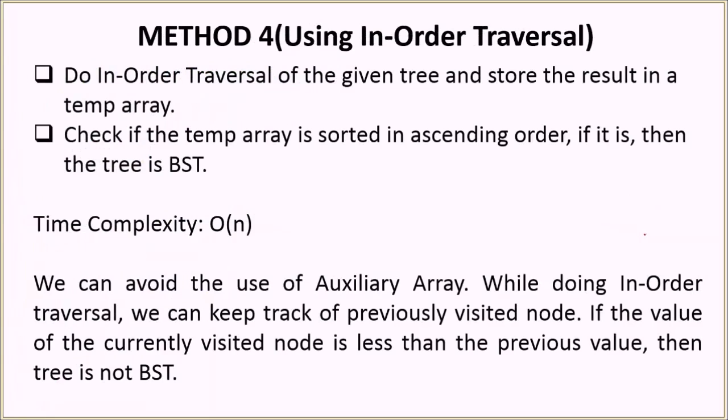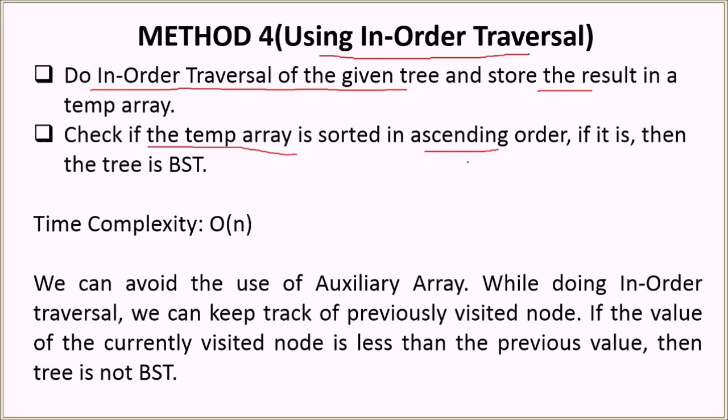Okay, now let's look at method 4. This method doesn't come naturally to some people, but it's again a great solution, and that is using the in-order traversal. So what we do is we do the in-order traversal of the binary tree, and we store the result in an array, and then check if the temporary array is sorted in ascending order.